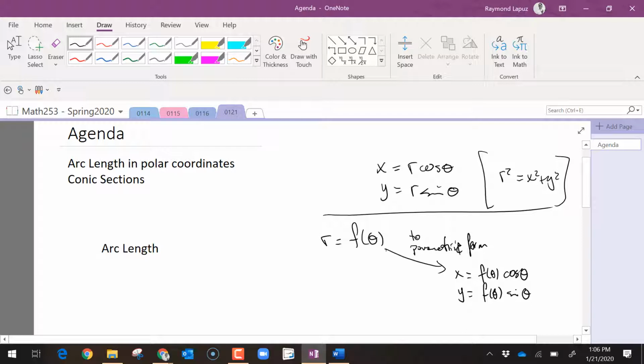So if we take a look at that, then we're able to do the derivative dy/dx based on this. And we saw that formula last time.